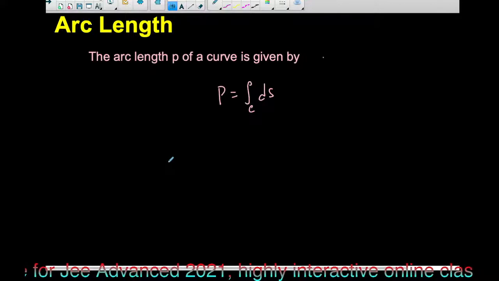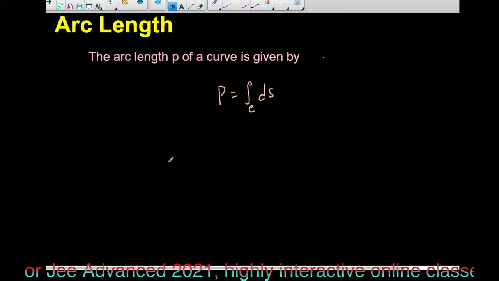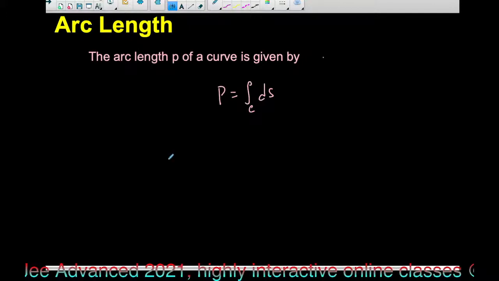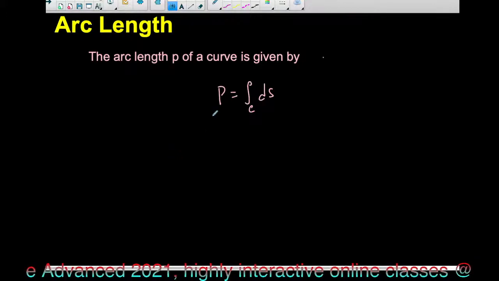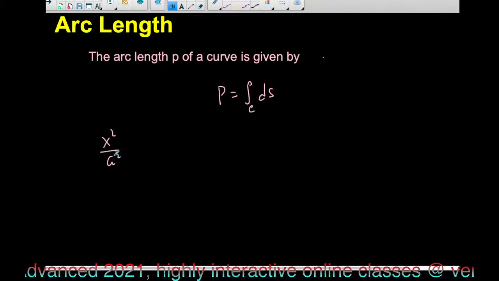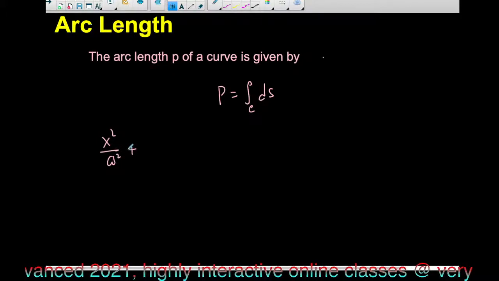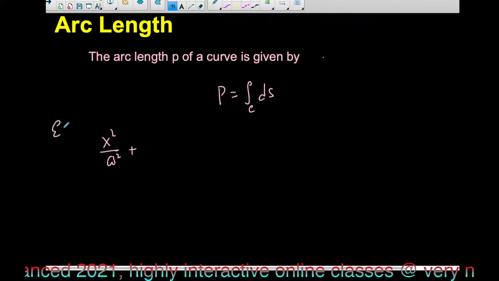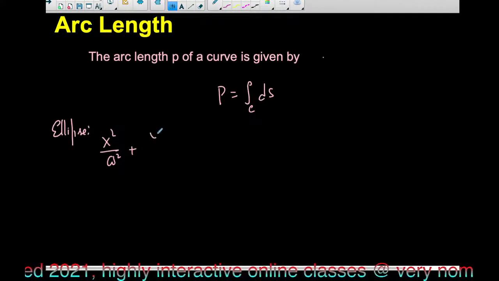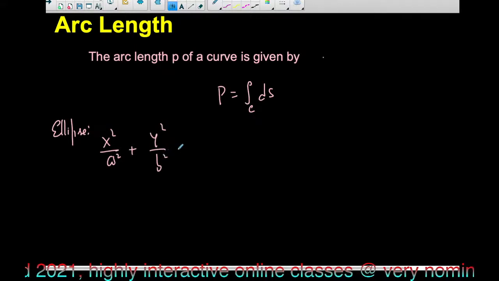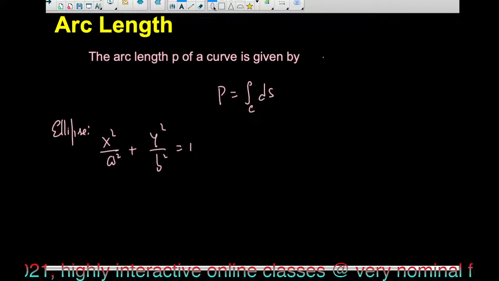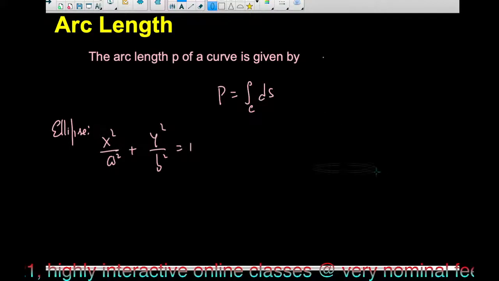Let's say, for example, that we consider the circumference of the ellipse. The given equation of the ellipse, with center at the origin, is x square by a square plus y square by b square is equal to 1. You should know the structure of the ellipse, that is here.